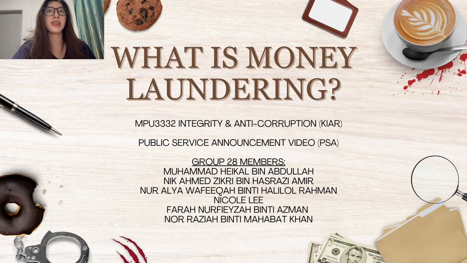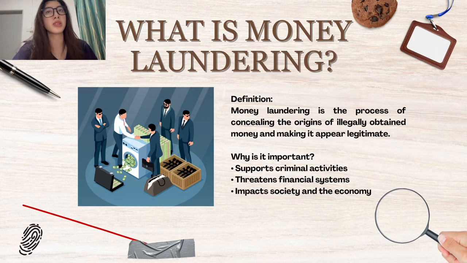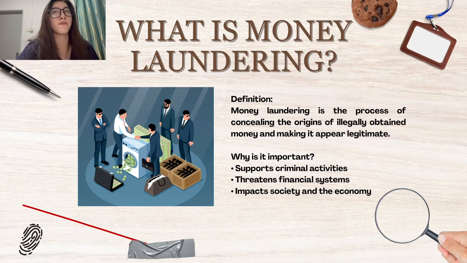To start, let's understand what money laundering means. Money laundering is the process of concealing the origins of illegally obtained money and making it appear legitimate. In simple terms, it involves cleaning money that has come from illegal activity so that it can be used without raising suspicion.